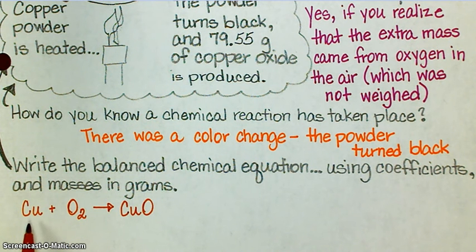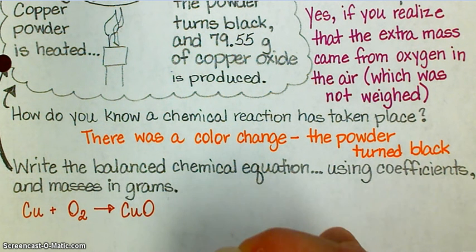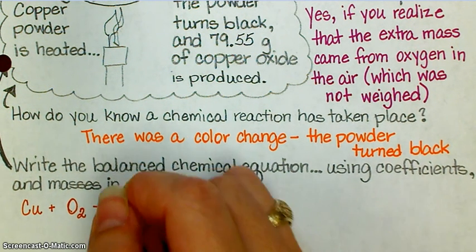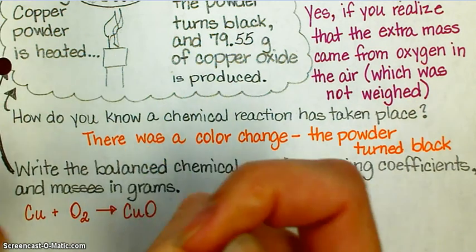I have 1 copper on the reactant side and I have 1 copper on the product side. But on the reactant side I have 2 oxygens, whereas on the product side I only have 1. So that has got to be fixed in order for this to obey the law of conservation of mass. I can only fix chemical equations with coefficients.